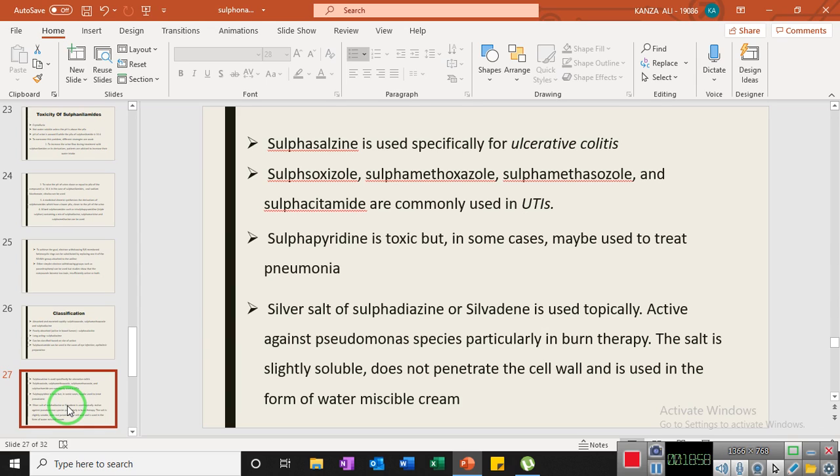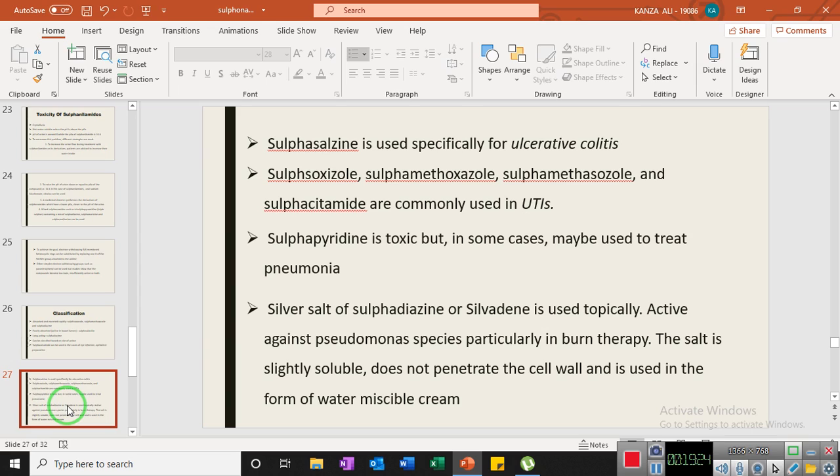One is silvadene, that is silver salt of sulfadiazine. This compound has got the activity of silver as well as sulfadiazine.